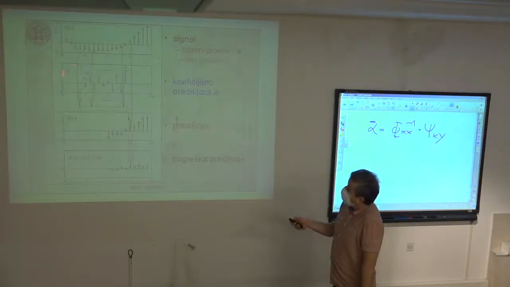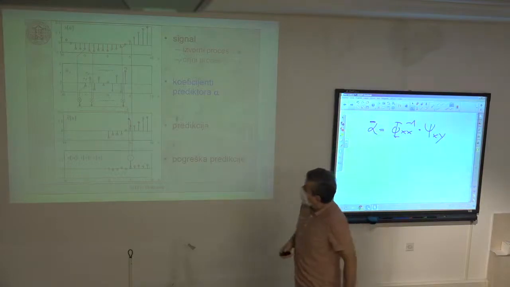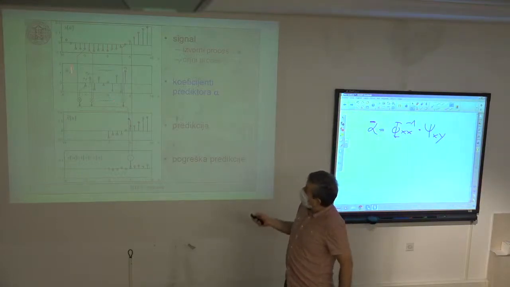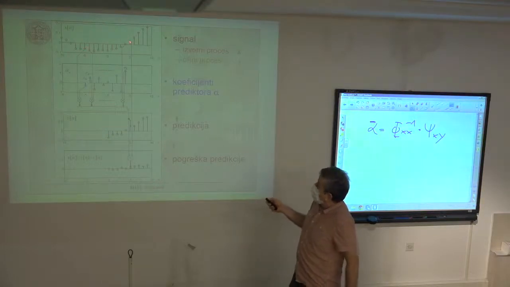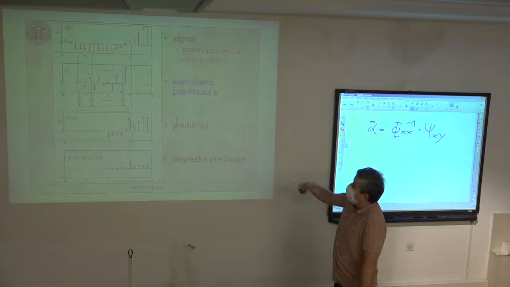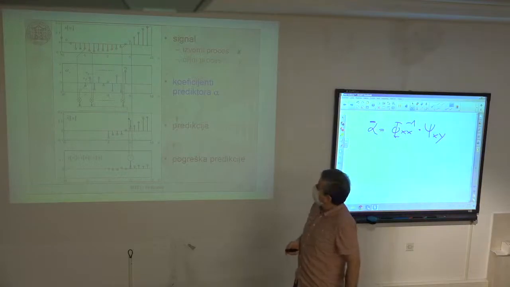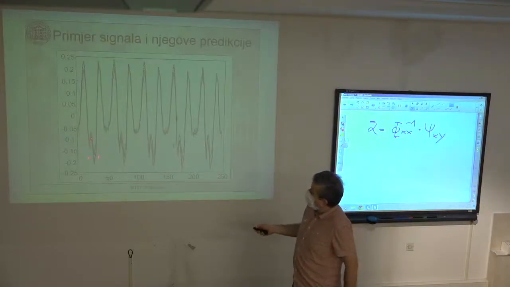So I have computed such 10 values of the optimal predictor, and I'm simply applying this predictor to the last 10 samples of the signal. And I'm computing the current sample x of n from the 10 preceding values. This prediction is shown with the dotted line.